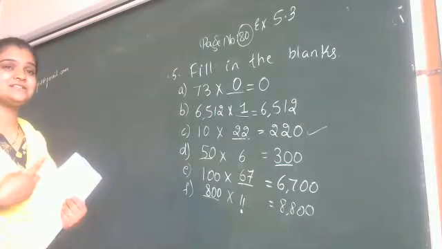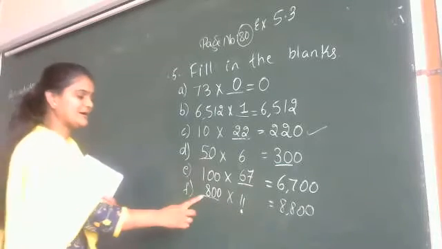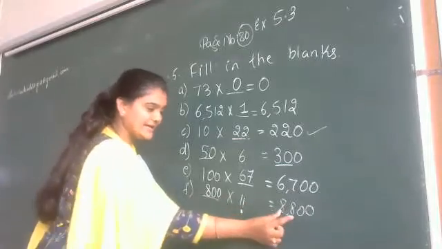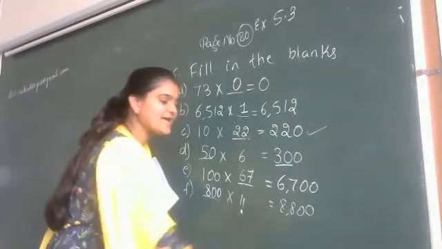Is it 800? Check. What will happen if you multiply by 800? 11 8s are 88, and two zeros as it is.